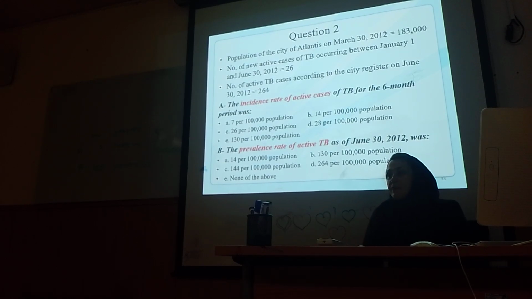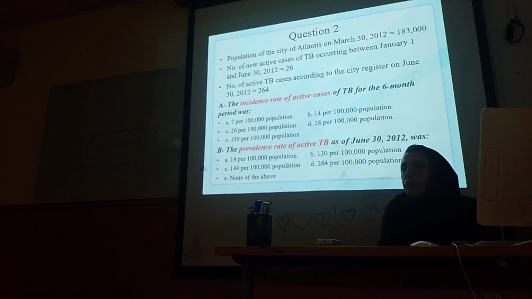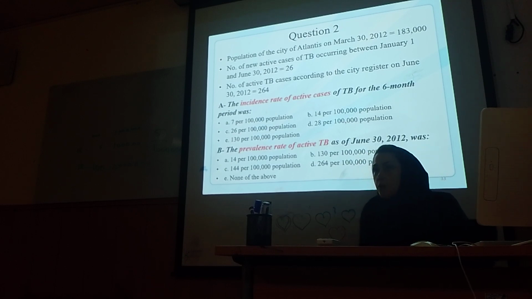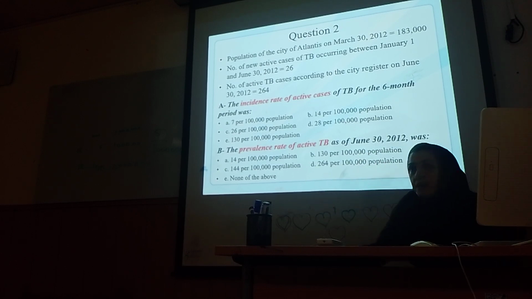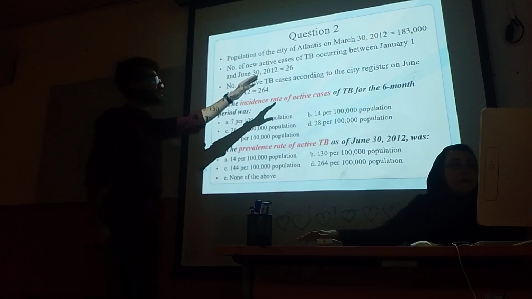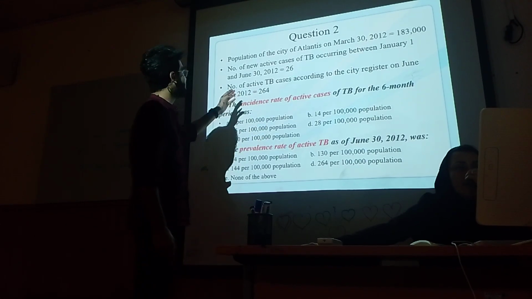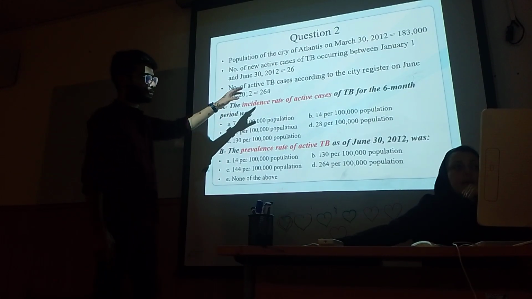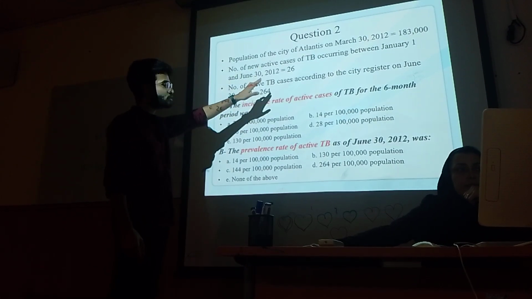Option B. Who? You? Please come here and tell about your answer. Well, the total population is 183,000 and the total number of new cases calculated in the 6-month period is 26.